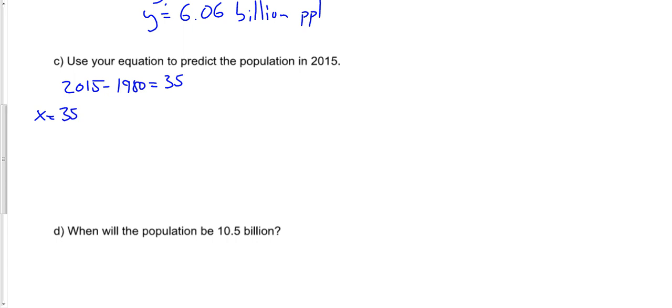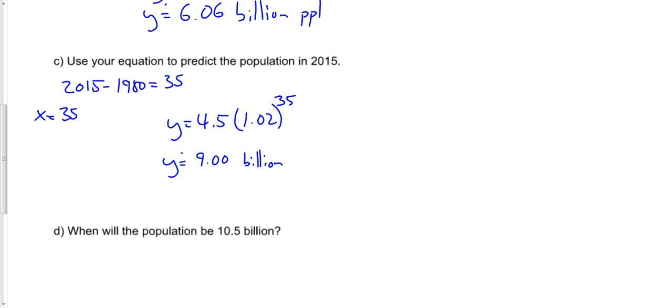So if I plug this into my general equation, I've got y is equal to 4.5 times 1.02 to the exponent 35. So as I calculate it, I take 1.02 to the exponent 35, and then I multiply that by 4.5. Okay, so if this equation were to hold, then we'd have a population of approximately 9 billion people in 2015.